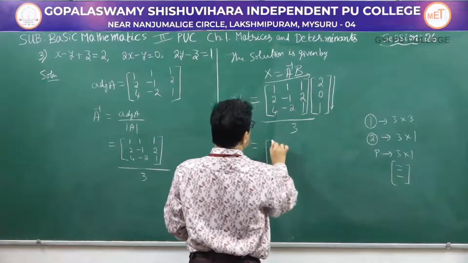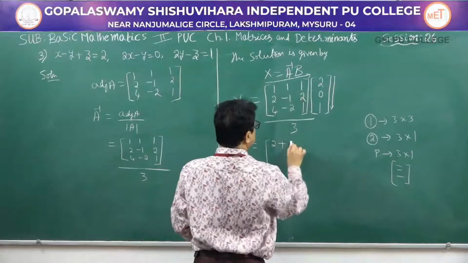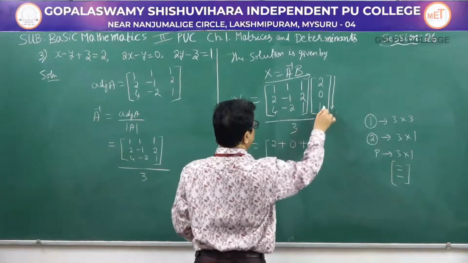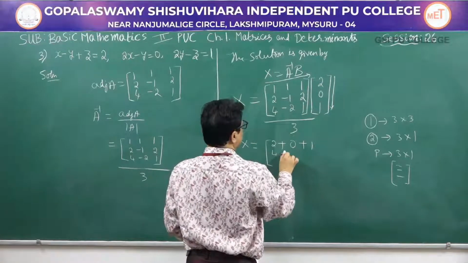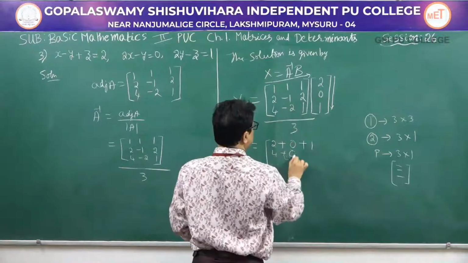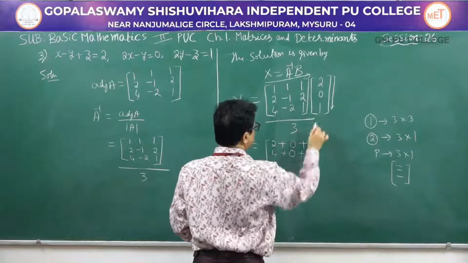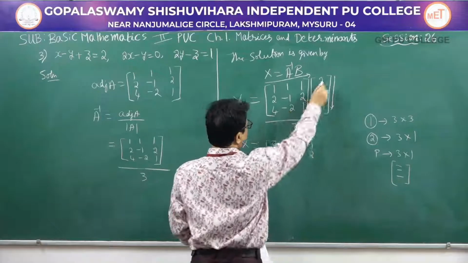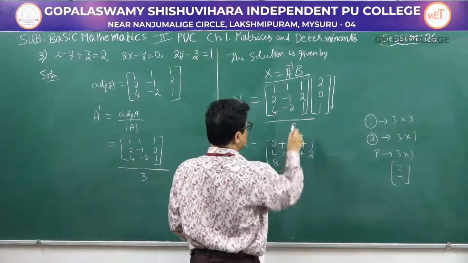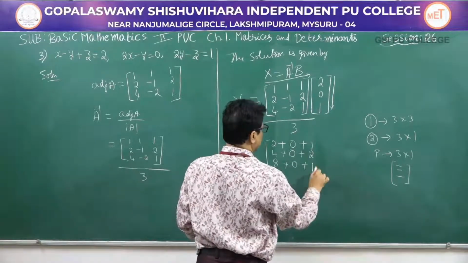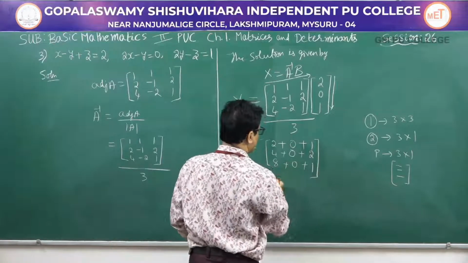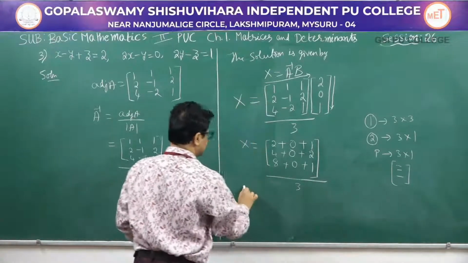So 1 into 2, 2, plus 1 into 0, 0, plus 1 into 1, 1, 2 into 2, 4, plus minus 1 into 0, 0, plus 2 into 1, 2, 4 into 2, 8, plus minus 2 into 0, 0, plus 1 into 1, 1. Whole thing divided by 3.